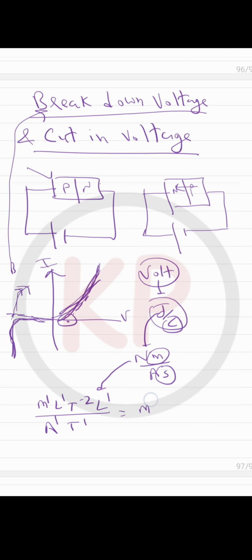We get M1 L2 T^-2 A^-1. Sorry, this will be T^-3 and not T^-2. So this will be the dimensional formula of breakdown or cut-in voltage.